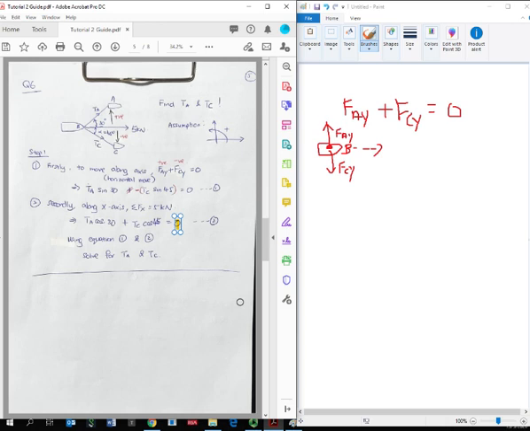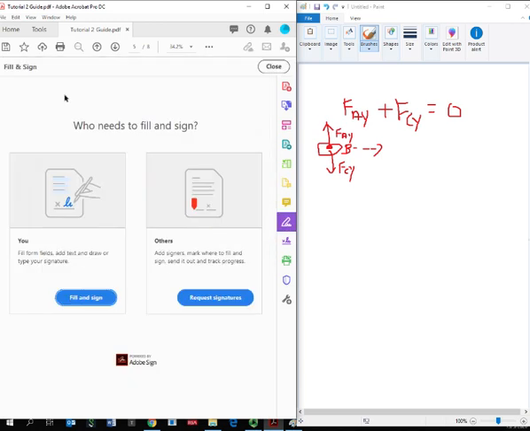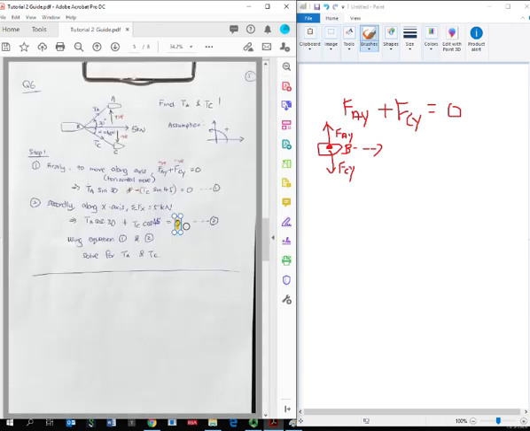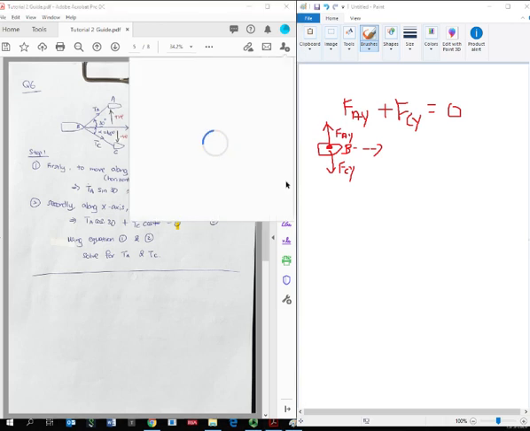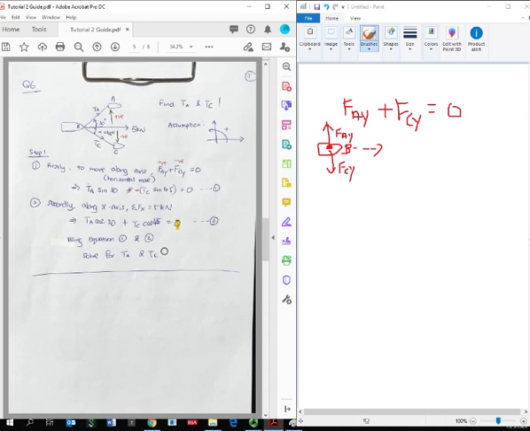Let me see, I don't know if I can add here. No. Okay, just take note this is a 5, because in this Adobe I can't add here, so I write it over here.